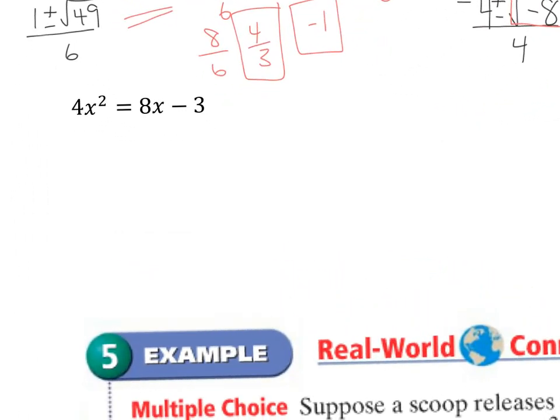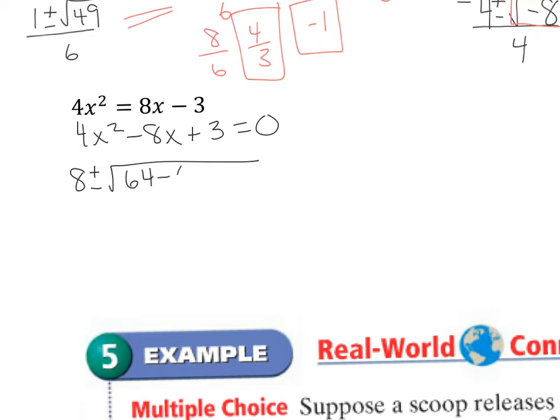So let's do this one. 4x squared minus 8x plus 3 equals 0. So it's going to be 8 plus or minus the square root of negative 8 squared, which is 64, minus 4 times 4 times 3, all over 8.